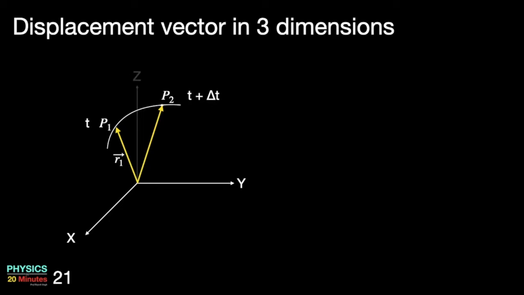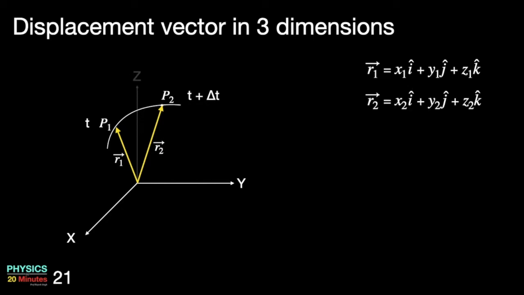Its new position vector can be drawn again from the origin to the position P2, which has coordinates x2, y2 and z2. So the two position vectors can be written as vector r1 equals x1 i cap plus y1 j cap plus z1 k cap, and vector r2 is x2 i cap plus y2 j cap plus z2 k cap. The displacement vector is drawn from P1 to P2 and is represented by vector delta r.